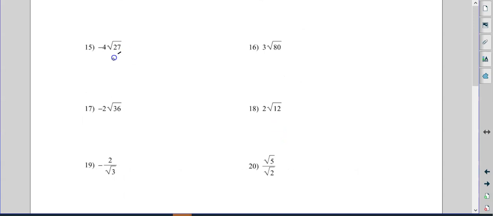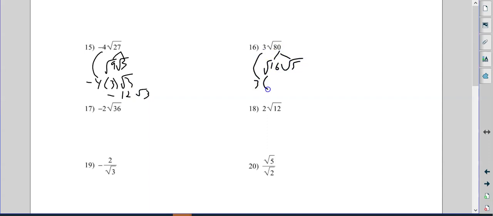All right, number 15, 9 and 3. This comes down, negative 4, times the 3, times the radical 3, so that's negative 12 radical 3. We've done this before, that's 16 and 5. Bring this 3 down, times the 4, which was square root of 16, radical 5, so that's 12 radical 5.